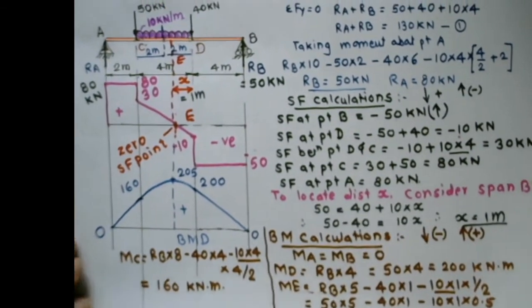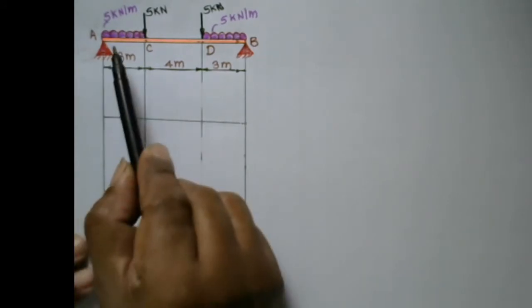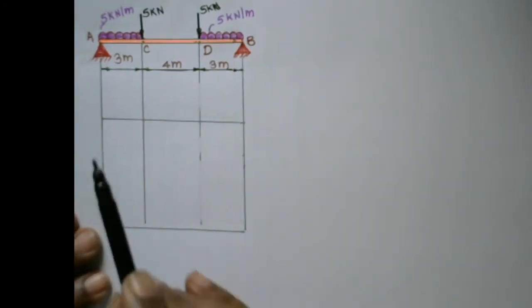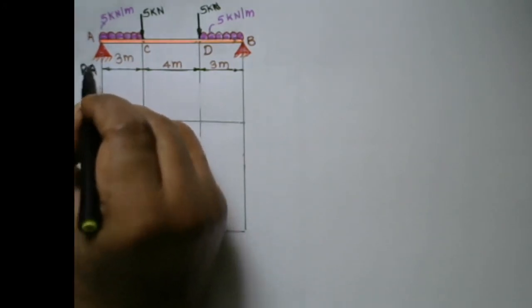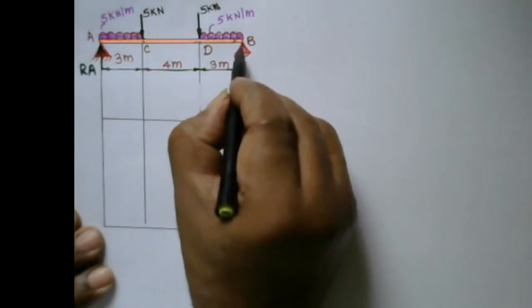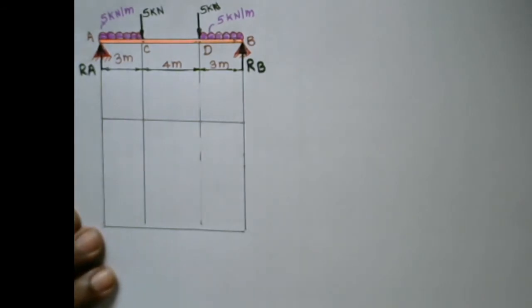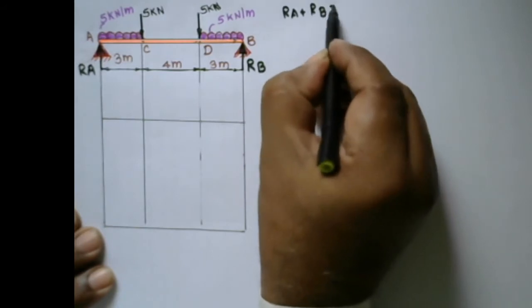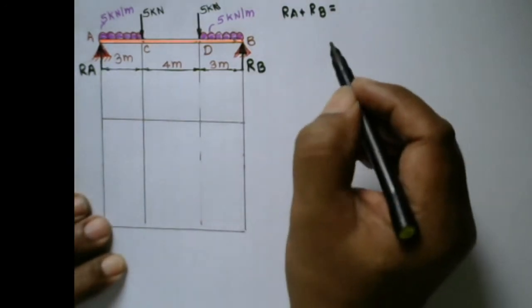Okay. Now let's see another numerical. In this numerical, two UDLs of 5 kilonewton per meter are acting at both the ends, and 5 kilonewton point loads are acting. First we have to calculate its reactions, RA and the reaction at point B, or you may say support reactions, RB. Here we take summation Fy is equal to 0, upward forces equal to downward forces.